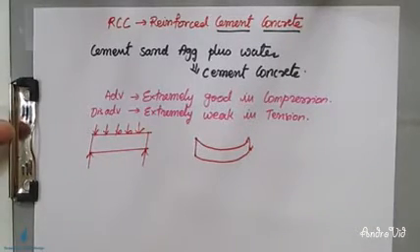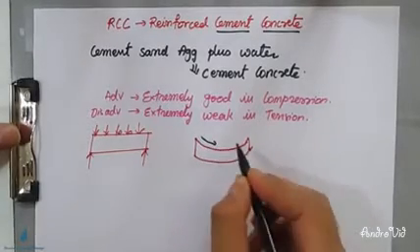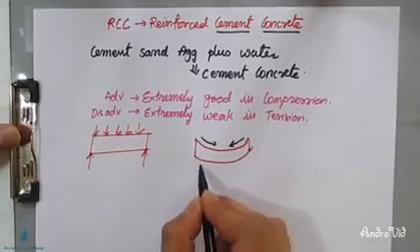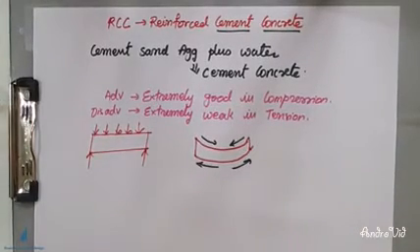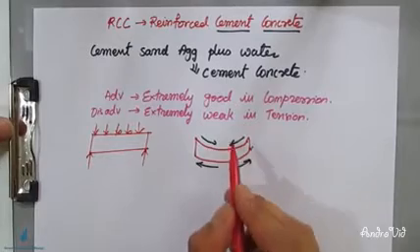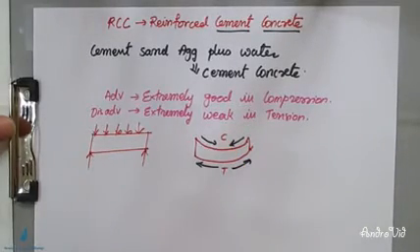So what happens here, this top fiber will undergo compression and this bottom fiber will undergo tension. Okay, so the concept of RCC lies here. The top fiber undergoes compression and the bottom fiber undergoes tension.